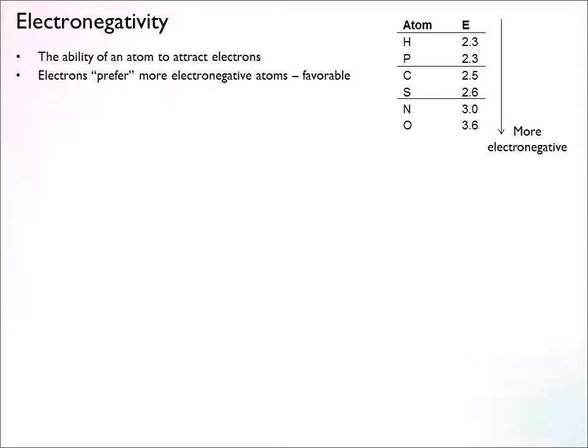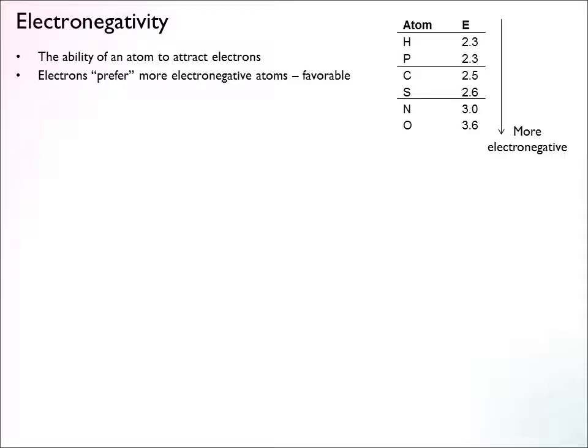So one important concept, this is kind of physical, but I think it's important to understand why this happens, is electronegativity. Electronegativity is a property of atoms to attract electrons. And it's simply a fact of physics that some atoms are more strongly attractive for electrons.